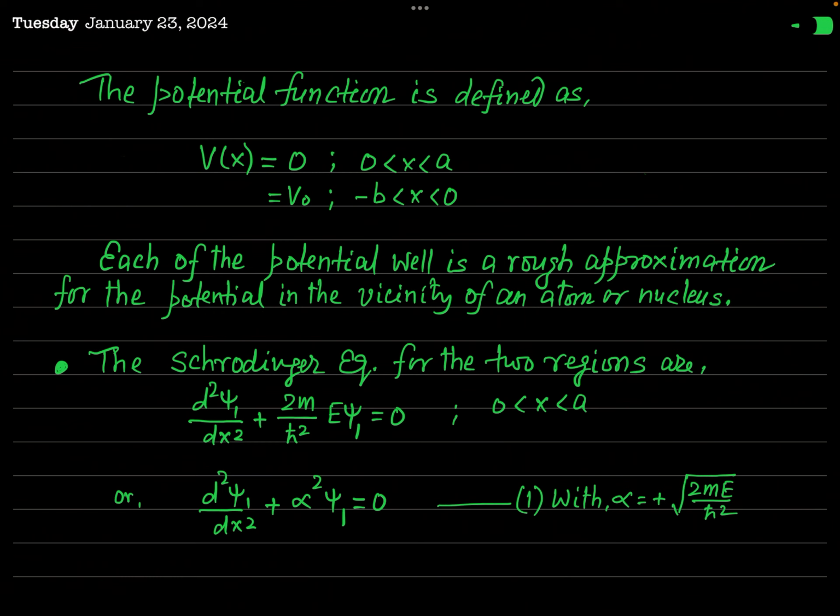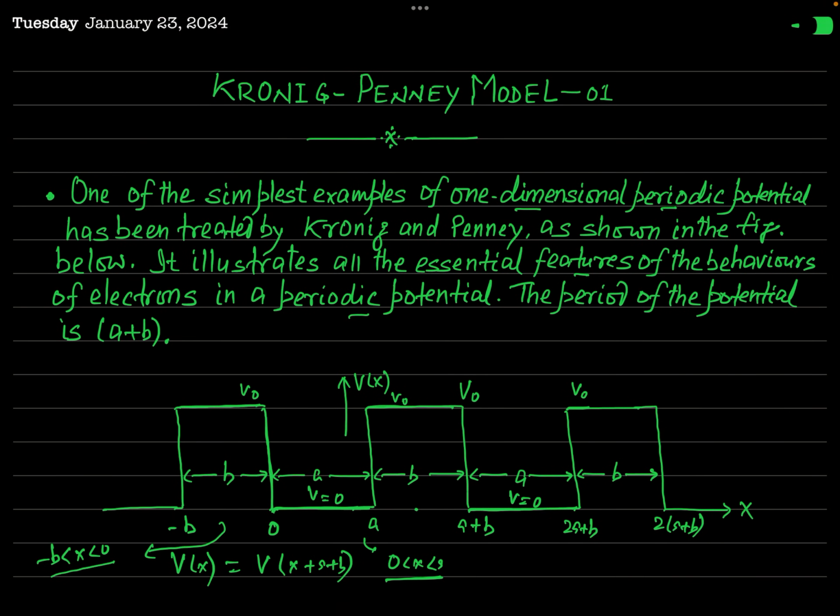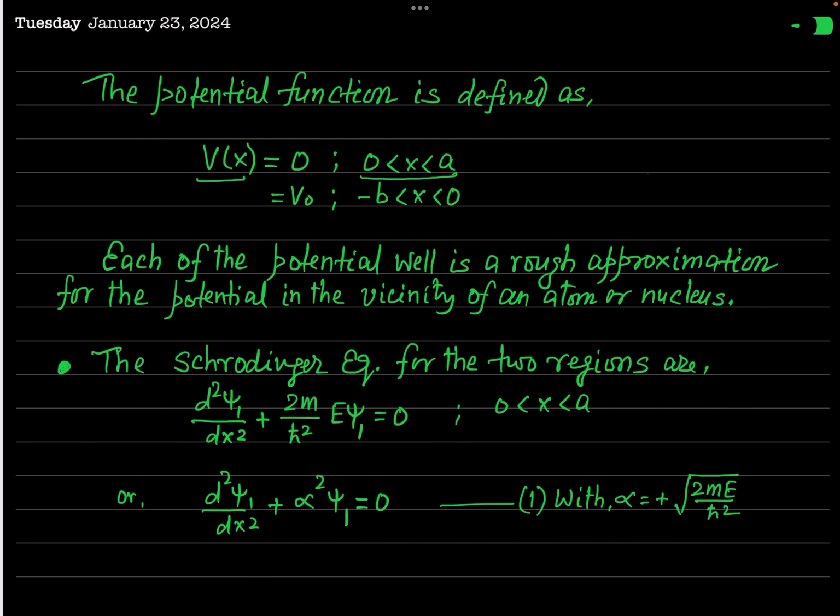how the potential varies. As I have told you, V of x is equal to 0 in this region, that is 0 less than x less than a. This is the region where potential is 0. And V is equal to V naught in the region minus b less than x less than 0.